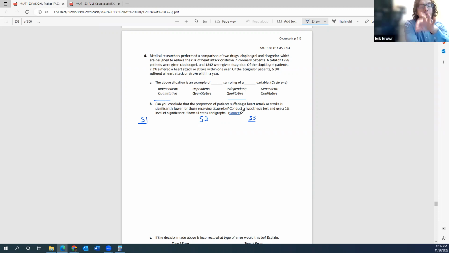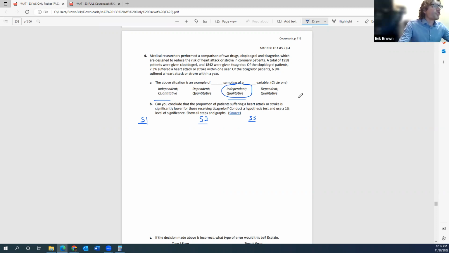So Kayla's 100% correct. If your data set is proportions, you're dealing with qualitative data. So here's the correct answer for A. We had 2 groups. We measured them once, and we looked at a percentage that met a characteristic, meaning the data set is a yes or no type thing.